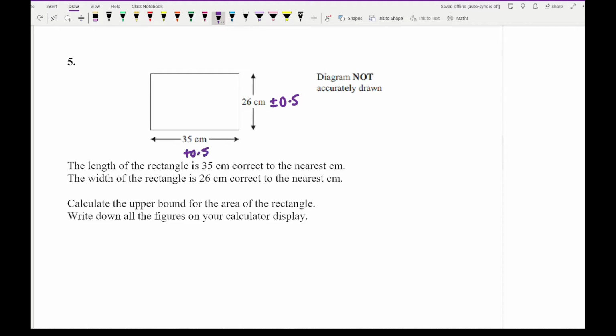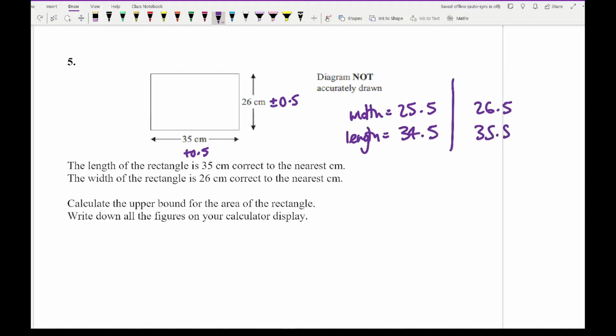So the width is going to be 25.5 or 26.5, and the length, the two limits are going to be 34.5 or 35.5. This is the minimum, this is the max.